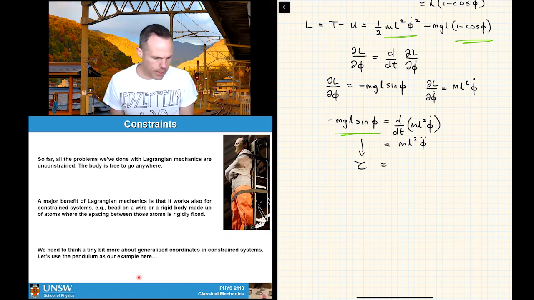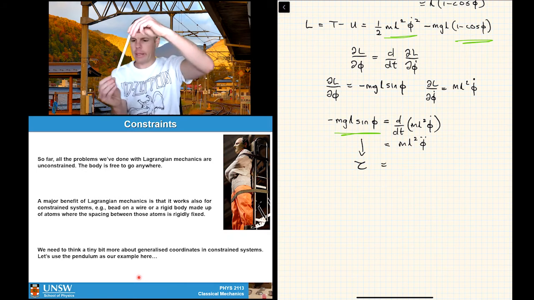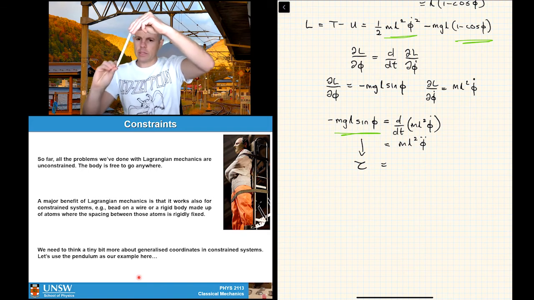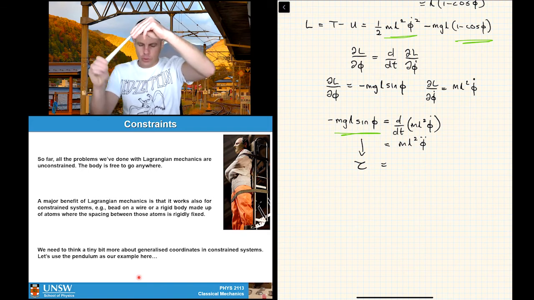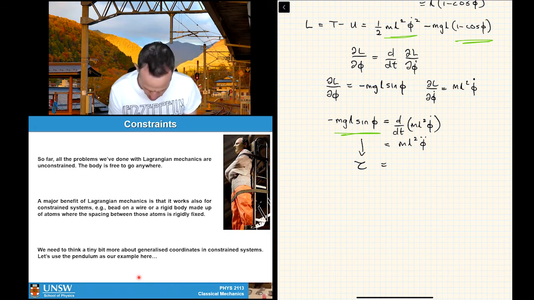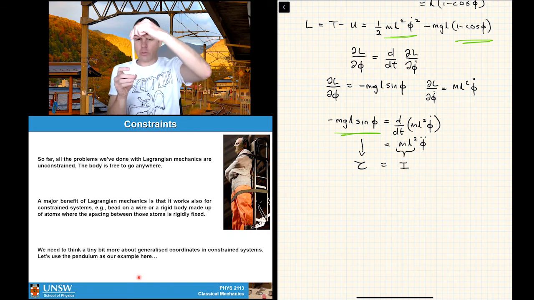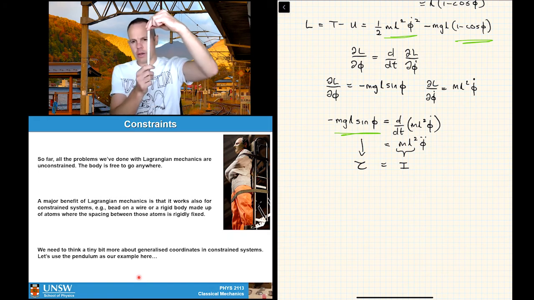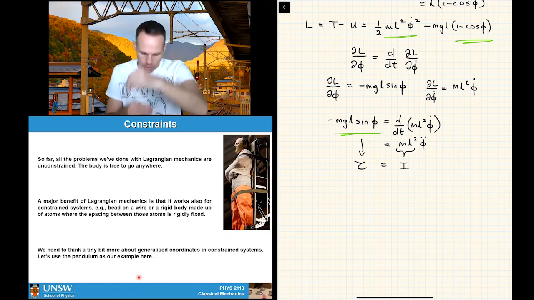And then if you remember back to your first year lectures, if you've got a body of mass m at some distance r from a point of rotation, the moment of inertia for that body I is just mr squared, right? So this bit here is just I, and then phi dot is omega, phi double dot is alpha, the angular acceleration. So this is just the angular acceleration in here, okay?